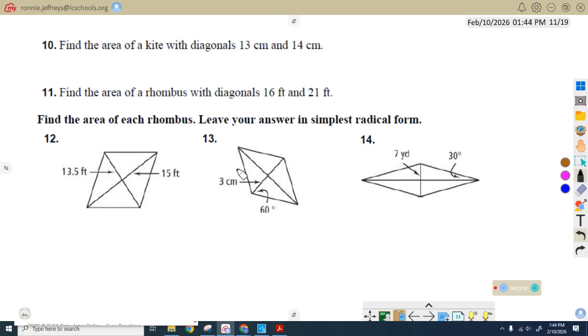On 13, I want you to find this length right here. On 14, I just wrote 14. I want you to find this length right here. Okay? I want y'all to label that before I turn you loose to do it.